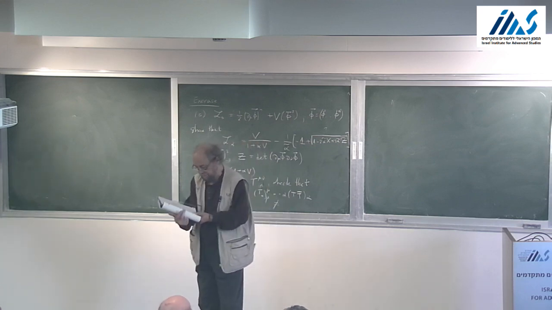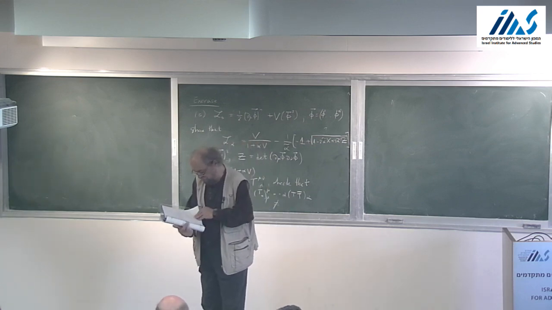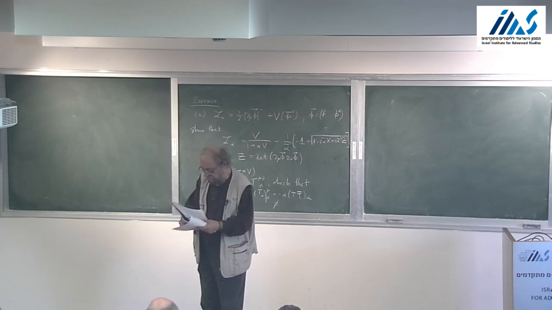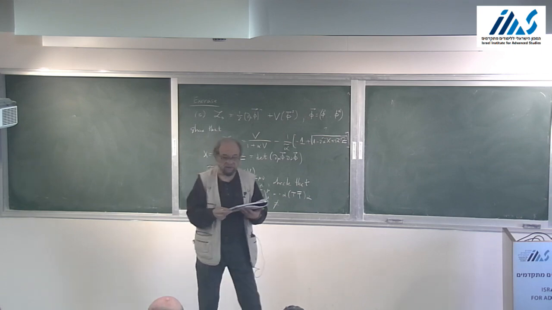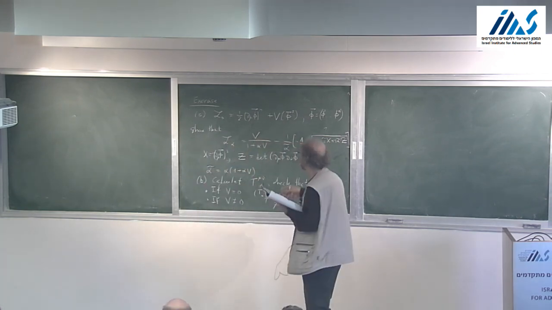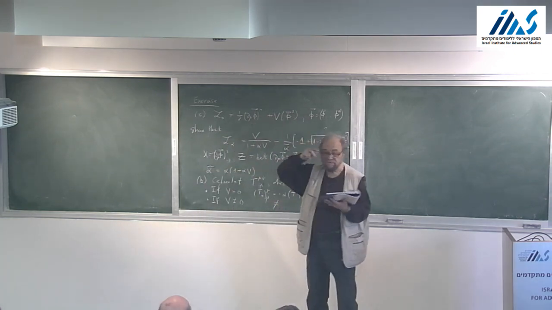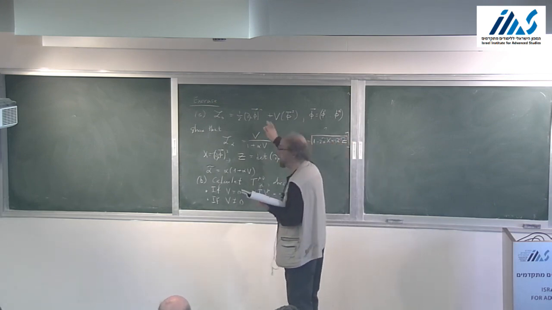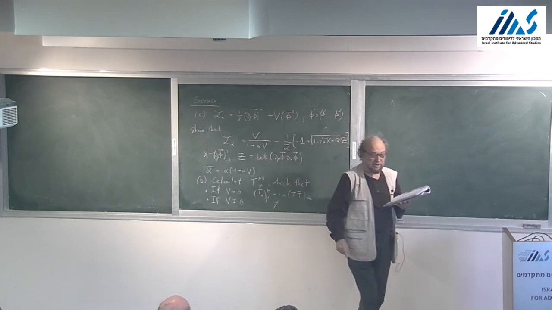The point which I want to make at this point is that V equal to 0 corresponds to a deformed conformal field theory, because with V equals 0 it's a conformal field theory, and then alpha is the only dimensional parameter in the theory.